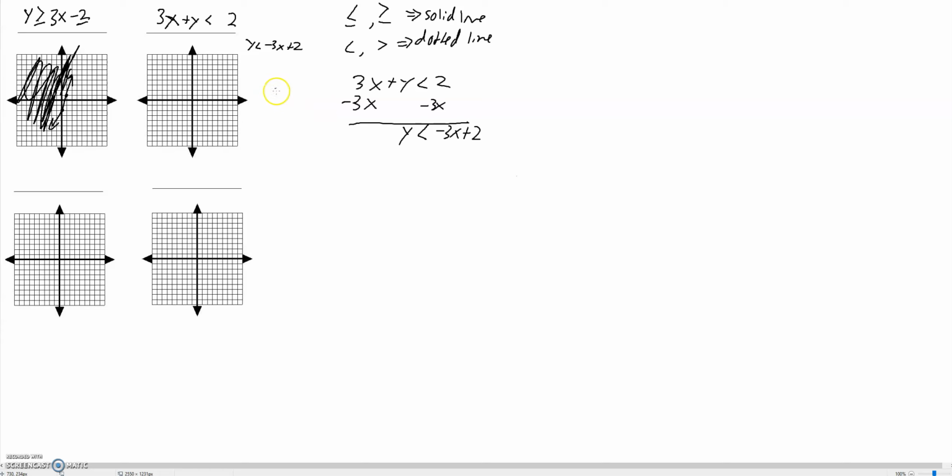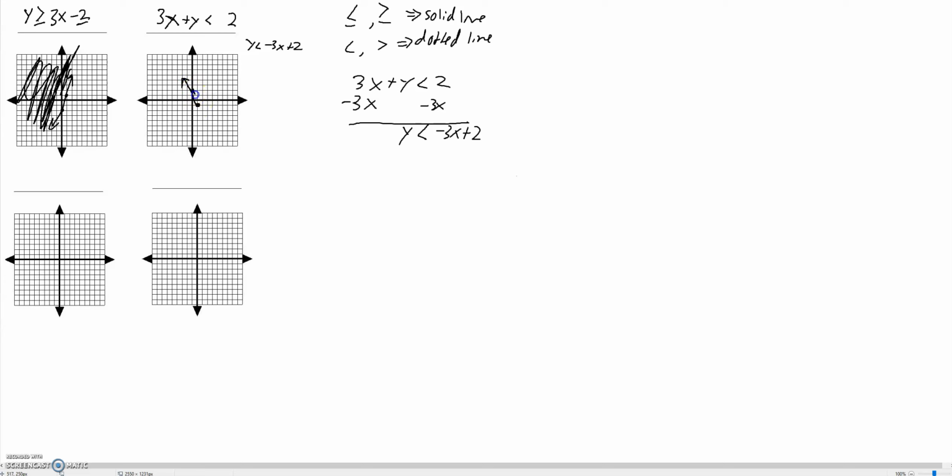Now again, note, this is a strict inequality. That is to say, there's no or equal to. So it's going to be the dotted line because the line is not included in the region. So we start at 0, 2. I'm just going to fill in my dot here. Then my slope is negative 3, so I'm going to go down 3, right 1. Now, connect them with a line.